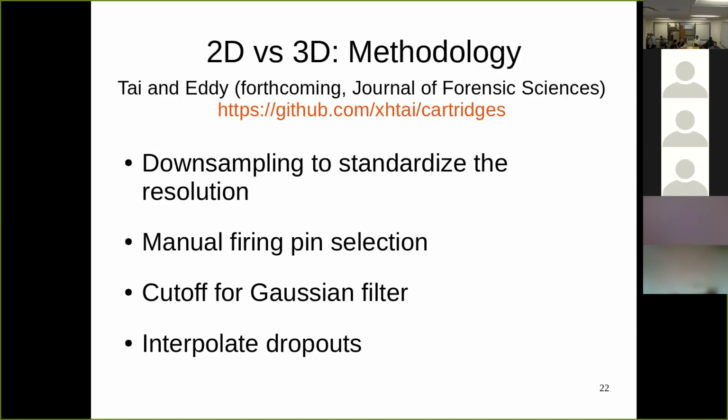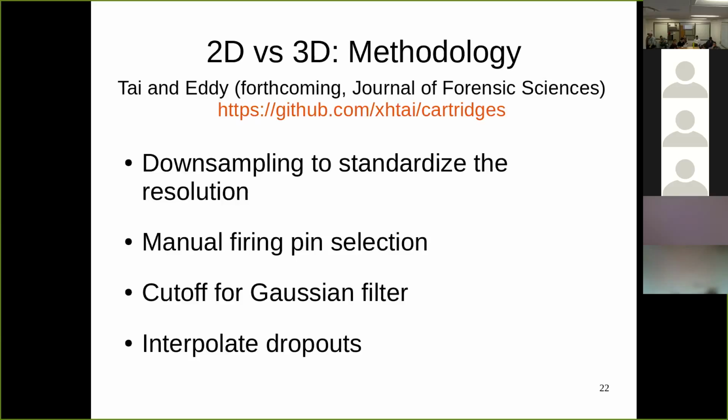The first is that for 3D, we had to downsample the data in order to standardize the resolution, but we did not do that for 2D. The 2D was completely automatic, so the breech face marks were being selected automatically. But this didn't transfer that well to 3D, which is why we're currently selecting the firing pin impression manually, although we're still working on an automatic solution for 3D as well.